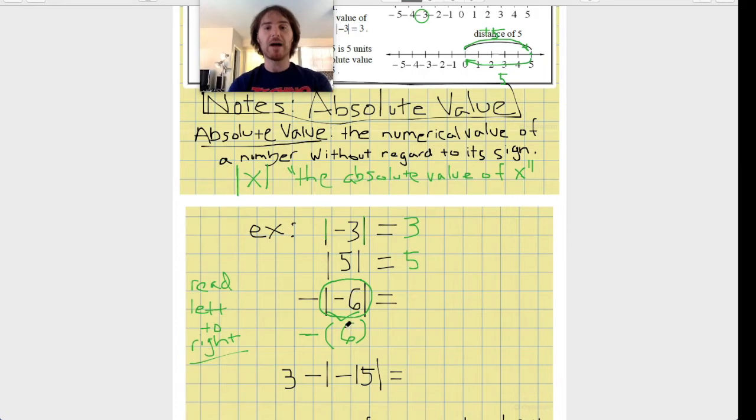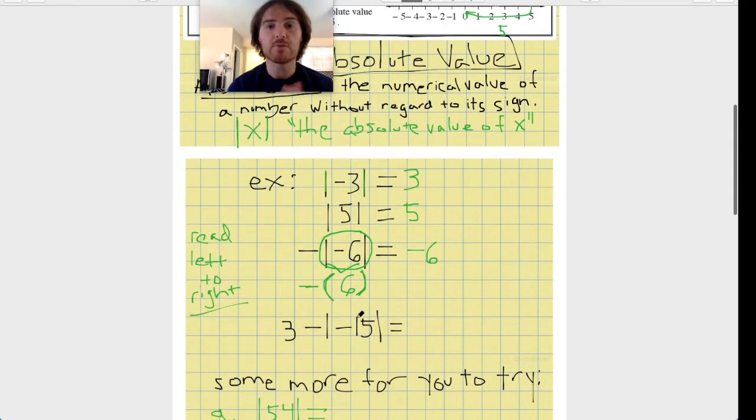So I'm going to change this to a +6, but I'm going to put parentheses on the outside so that if there's anything else in this expression on the outside of the absolute value bars, it comes down here as well. So the negative of +6, because the absolute value of -6 is +6, equals -6 here.